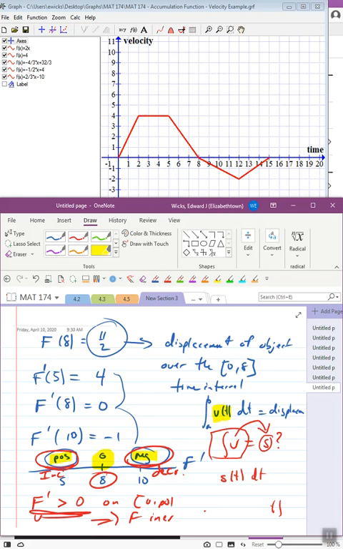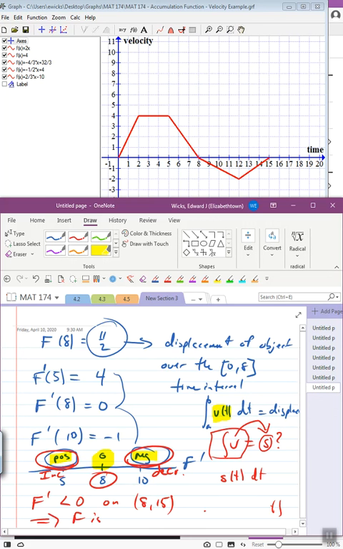The area is positive and it just gets bigger. But what happens on the interval 8 to 15? Well, now your first derivative is negative because all of those v values are negative. But that simply tells you that big F is decreasing, which of course is exactly what's going to happen. You're starting to subtract area now, and it's going to take away from that positive area you had already accumulated.